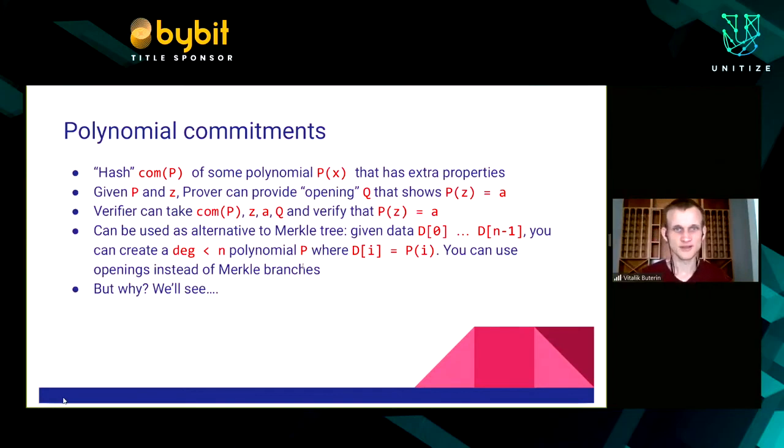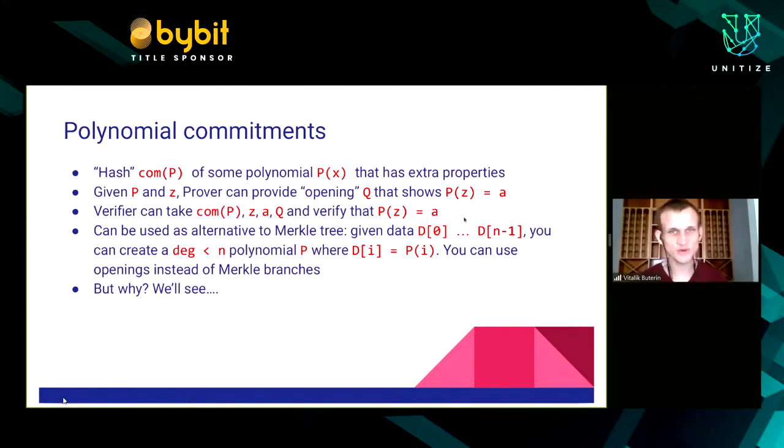One of the main properties is that if you give someone a commitment of P and you give them some coordinate Z, then if the prover has the actual polynomial P and the coordinate Z, the prover can provide an opening proof Q. And if the verifier has this opening proof, they can use it to prove that P of Z actually equals A. So if you have the hash of a polynomial, this opening proof, and the coordinate you're trying to prove, the verifier can verify that the polynomial at that coordinate equals that value.